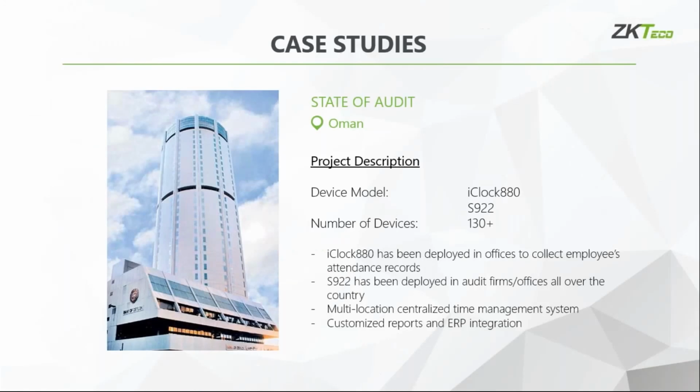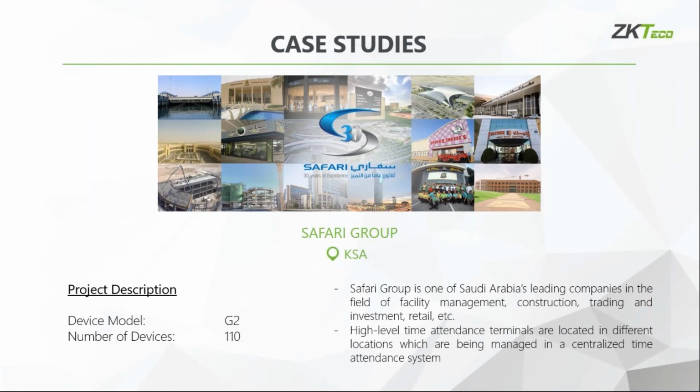And State Audit, Oman. Here they are using two types of machines, the mobile type and the feature type, and they are handling the payroll of all the employees in the central head office. And Safari Group is using the G2 model with more than 100 pieces. They are also doing real-time attendance integration as a centralized system.